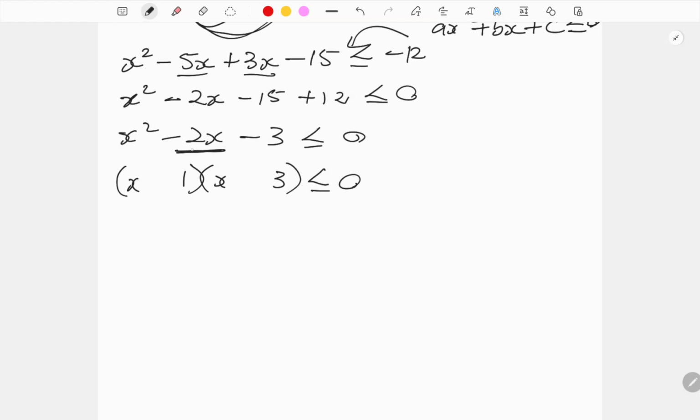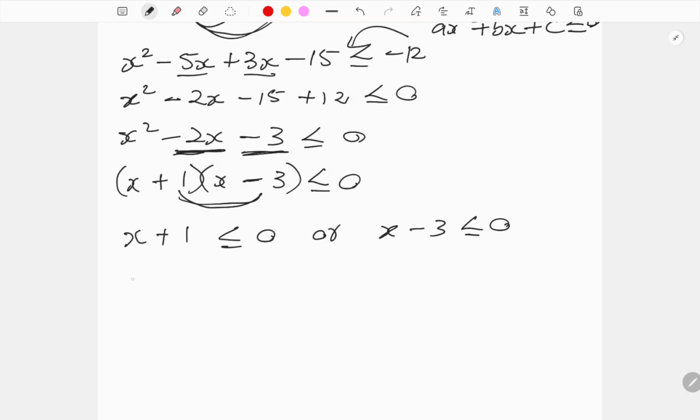And then remember, the sign of the middle term goes to the bigger number of these factors, meaning the bigger number takes the sign of the middle term. The bigger number here is 3, then it's going to be minus. This side is going to be plus, because we need to multiply this to give minus 3. Good. Then it is x plus 1 on one side less than or equals to 0, or x minus 3 on one side.